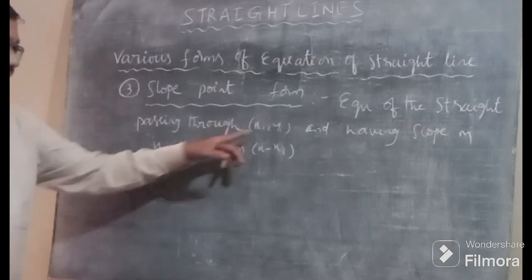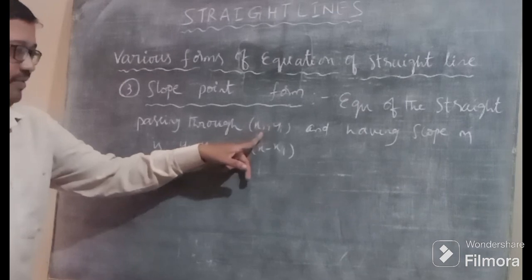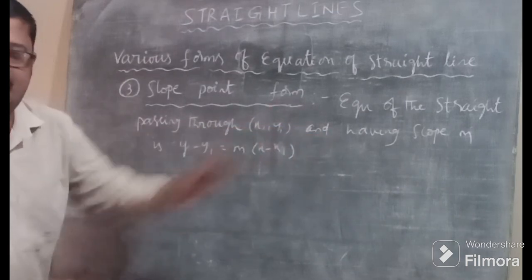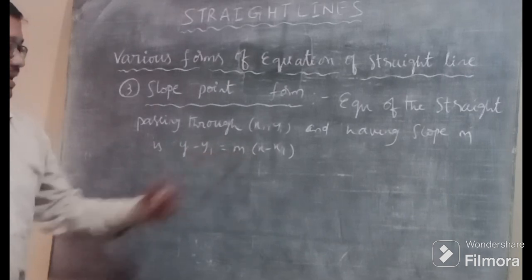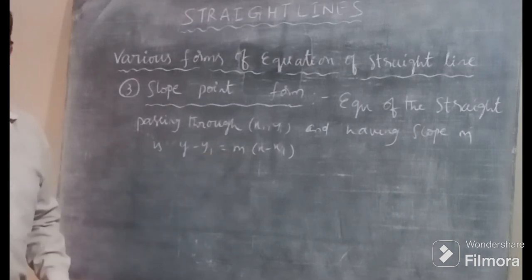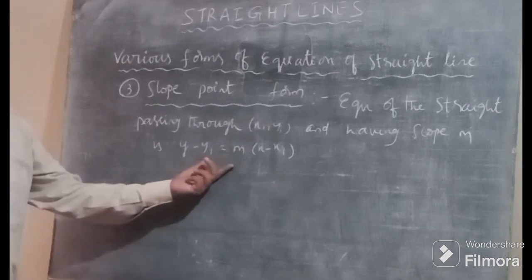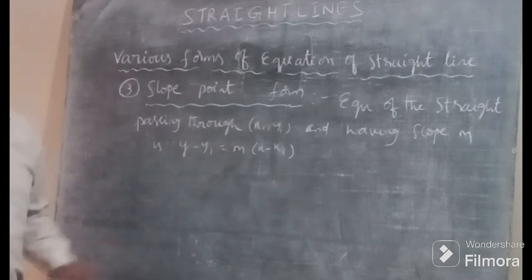If the straight line is passing through the point (x1, y1) and the slope of the straight line is m, then the equation of the straight line is y minus y1 equals m into x minus x1. This is called the slope point form of the equation of the straight line.